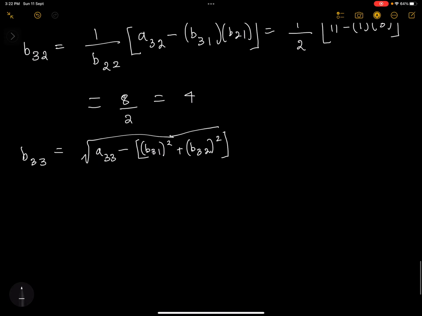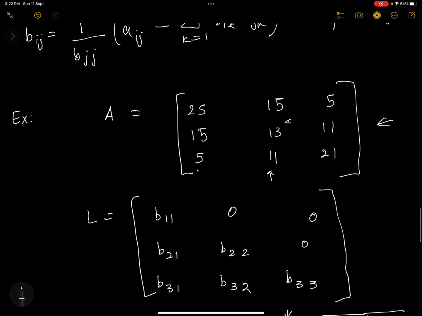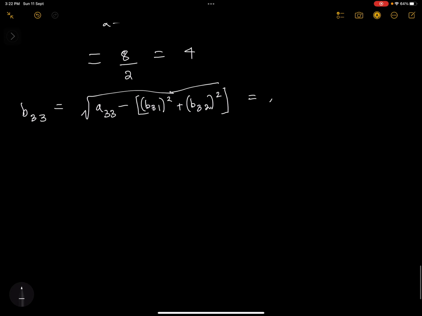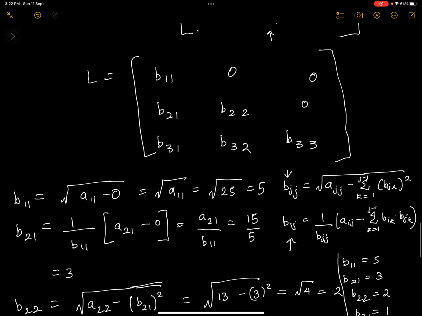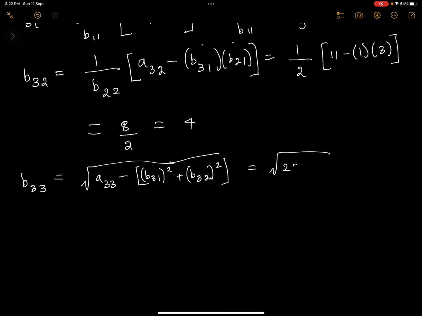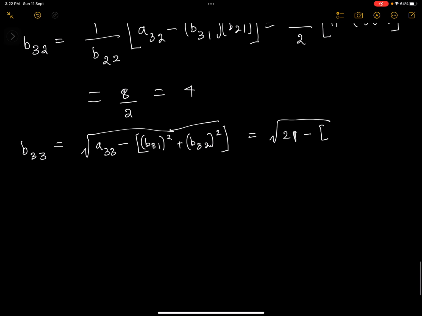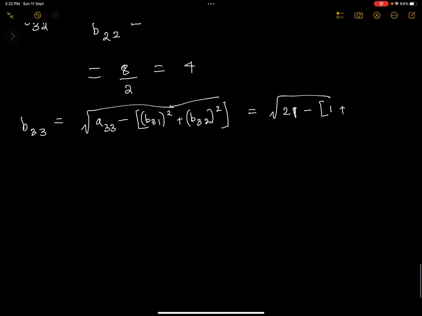We know the values of everything except for a33, which is in the matrix, which is 21. So upon computation, we will get 21 minus b31, which was 1, squared is 1, plus b32 squared, 4 squared is 16, right? So that would mean the square root of 21 minus 17, which is the square root of 4, which is equal to 2.